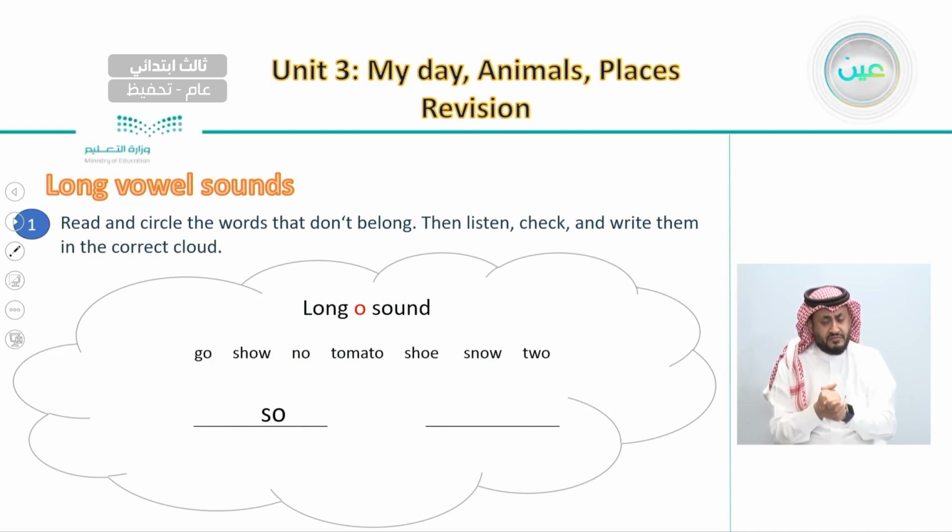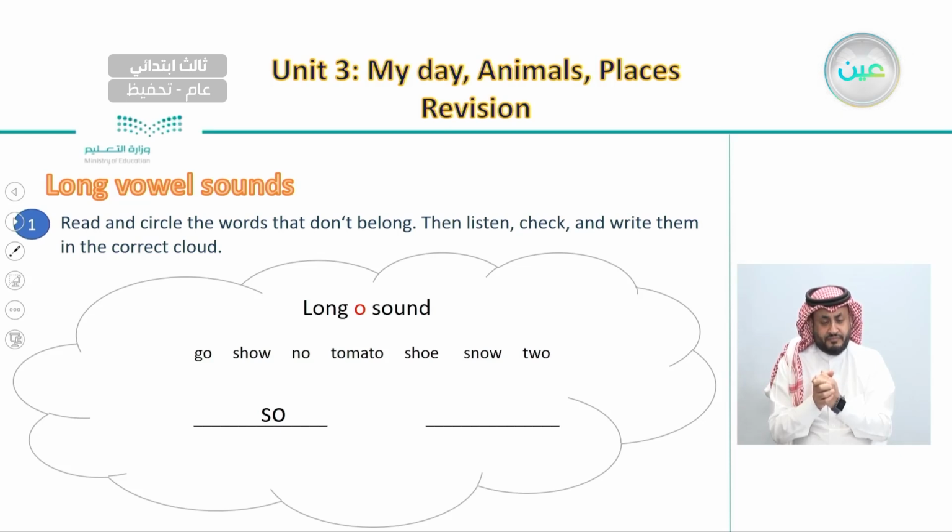We read all the words in each cloud, and then we circle the word or the sound that does not belong to the cloud. After we circle it, we have the blanks, and we bring the right word from the other clouds. So this is what we learned and answered in our last lesson.